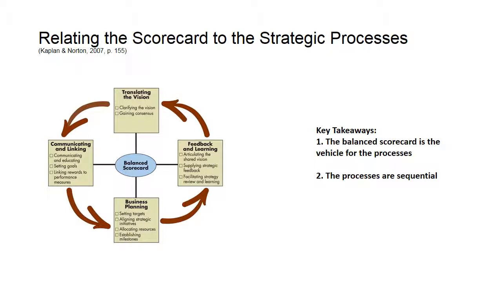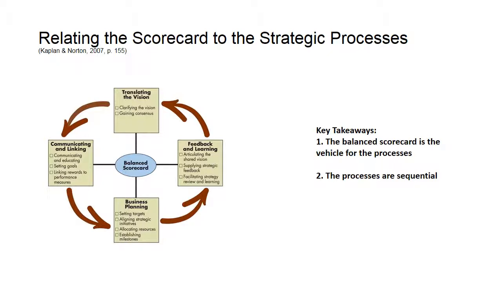So when they translate the vision, they're supposed to clarify the vision. When they communicate and link, they're supposed to be the ones helping to set goals and linking rewards and performance measures. When they come up with business planning, they're supposed to be aligning the initiatives with each other. They're supposed to be allocating resources. And then finally, in feedback and learning, they're supposed to be articulating the shared vision.